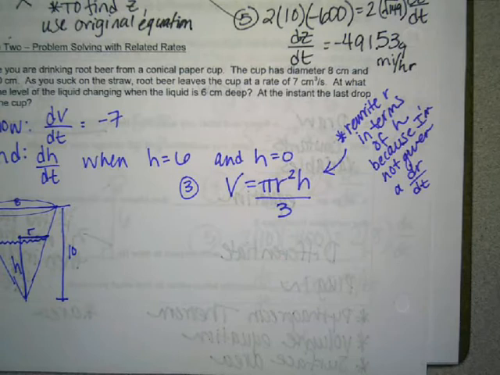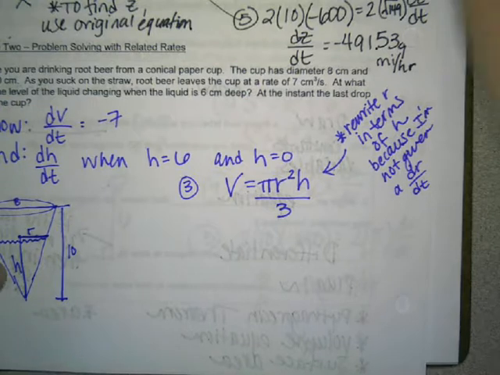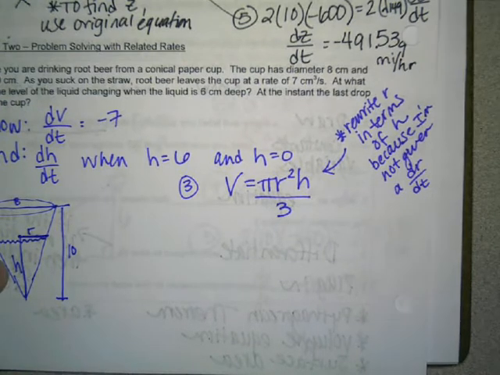Because I'm not given a dr over dt, I can't keep r in the equation when I take the derivative. I got to replace it with something. Okay. With your picture, everybody, all right?